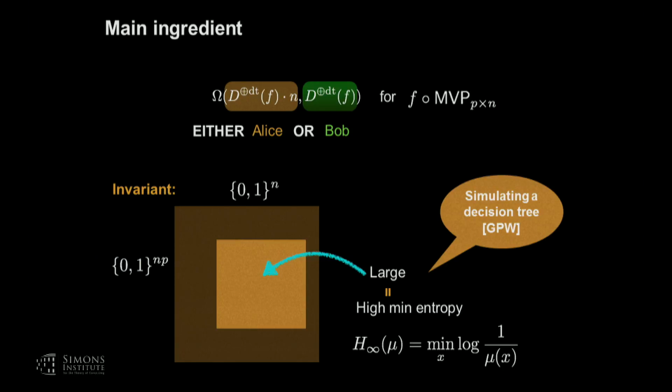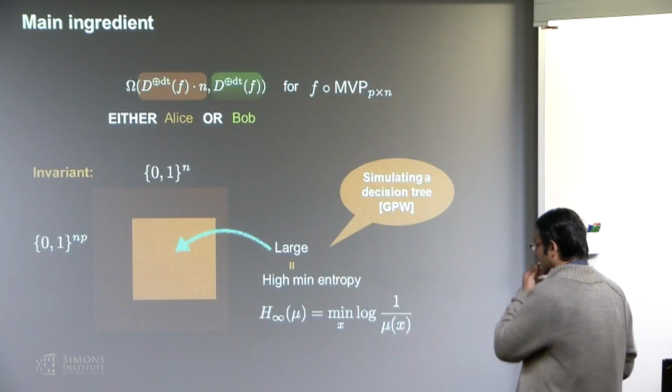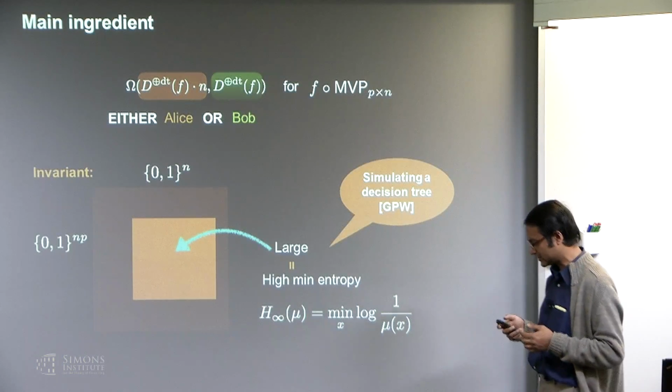So you might think, can we apply a similar technique here? Would this measure suffice? Well, first of all, as I said, somewhere the parity decision tree has to enter, and these measures naturally work when you are trying to simulate an ordinary decision tree.